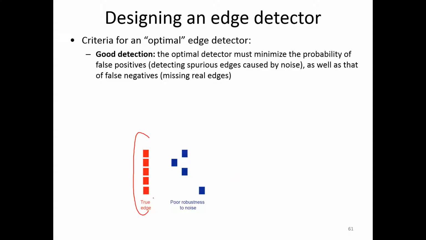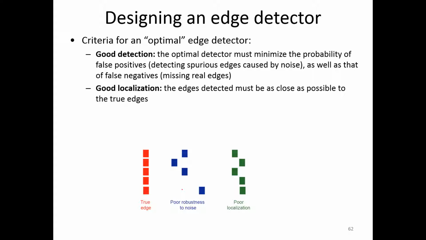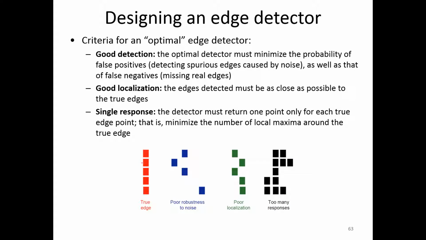For example, this is the ground truth, but due to noise you may detect edges like that. You may miss some pixels and get disconnected edges, or you don't have very good localization, in the sense that you want to get as close to the ground truth as possible. There's also the issue of too many responses: you want to detect one edge, but you get many responses.